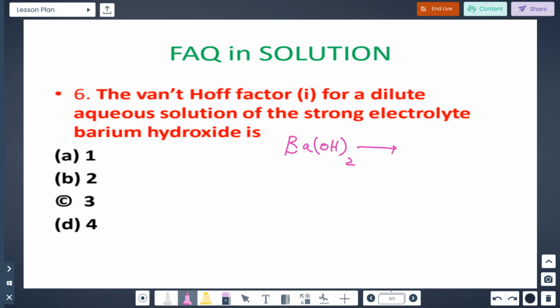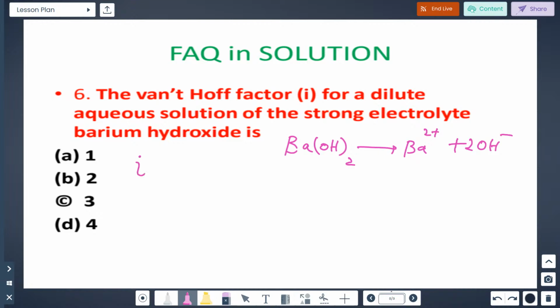Barium valency 2, no? So Ba2+ and OH-. The charge is minus, but 2 times, so we put 2. So how many ions are produced? Ba2+ and 2 OH-.